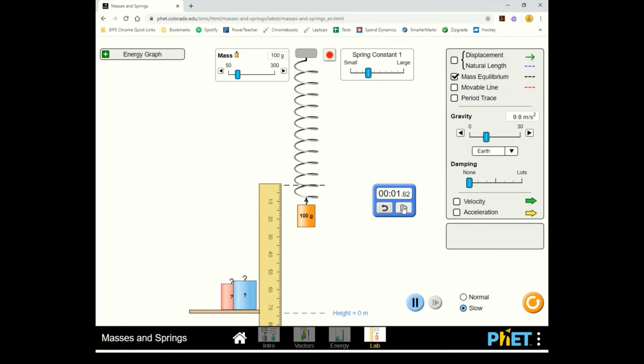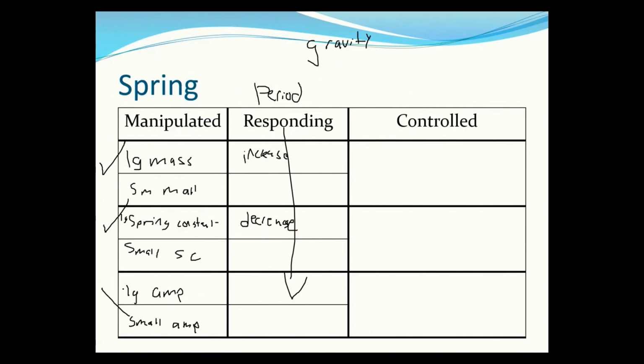That's 2. So we got 1.62, our control was 1.63. So it looks like amplitude has no effect, just like with the pendulum. So definitely amplitude, no effect, no changing to that response, right?